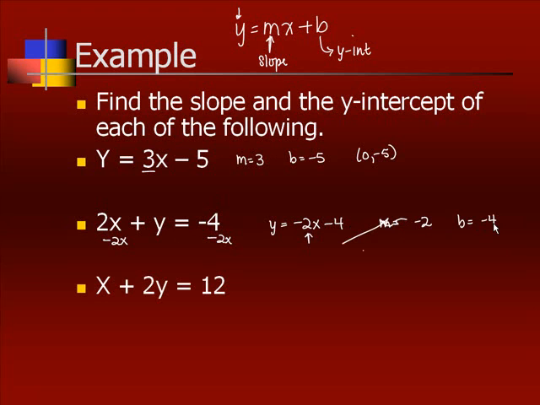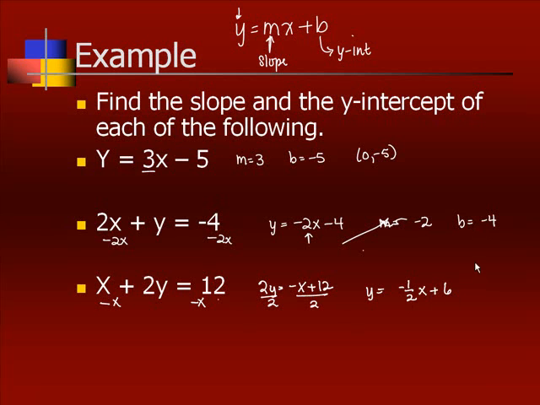Let's try this one. x plus 2y equals 12. If you're looking for slope and y-intercept, you need to get it in y equals form. So we're going to do minus x. So we get 2y equals negative x plus 12. Divide by 2. So we'd get y equals negative x over 2, which I'm going to rewrite as negative 1/2 x, plus 12 over 2 would be 6.